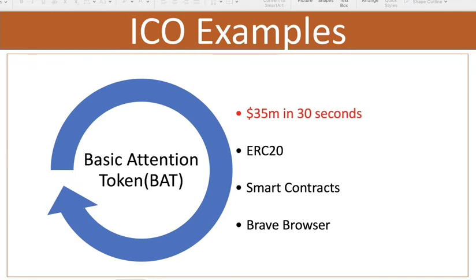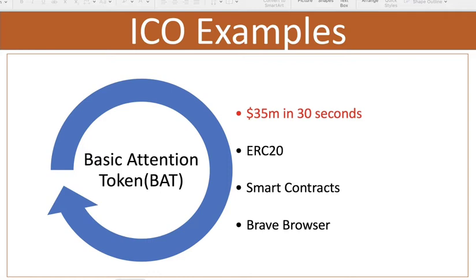An example of an ICO built off Ethereum is Basic Attention Token, BAT. The company ran its ICO on 31st May 2017 and raised about $35 million in less than 30 seconds. The BAT token is based on the ERC20 token standard.